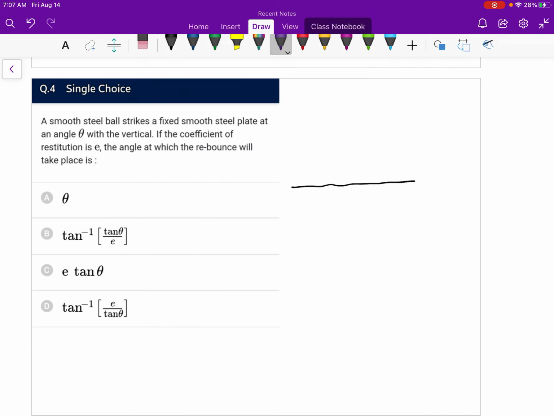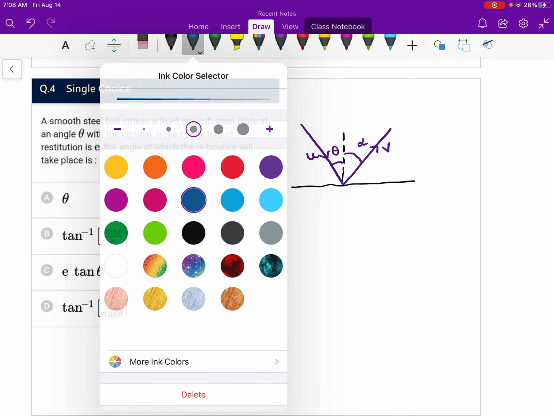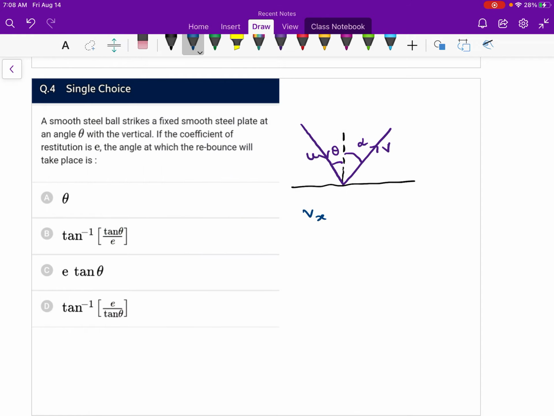This is the normal, and say the ball comes at an angle theta with speed u and rebounds with speed v at an angle alpha. So vx is equal to ux and vy is e times uy in magnitude.